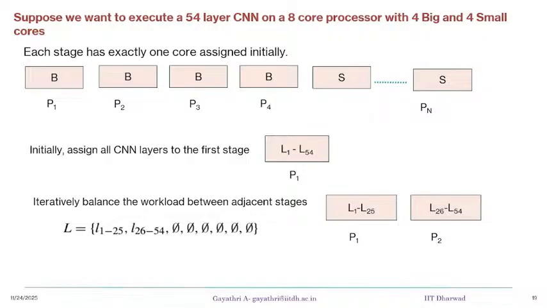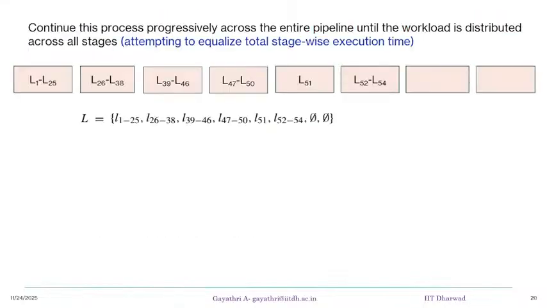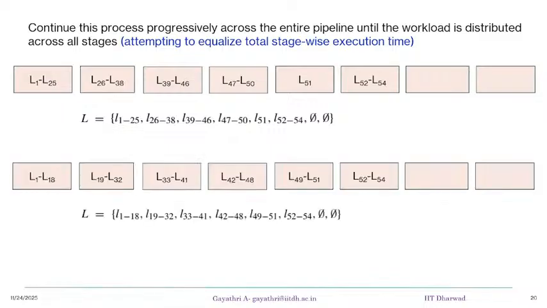Initially you had L1 to L54, then you started moving. So in this case, you only do the balancing among the adjacent pipe stages, right? Whatever you had initially was still there, and then at some point you saw that no more balance is possible.